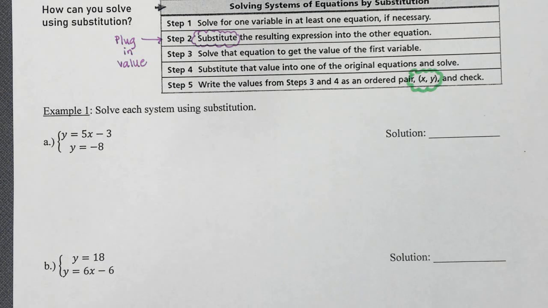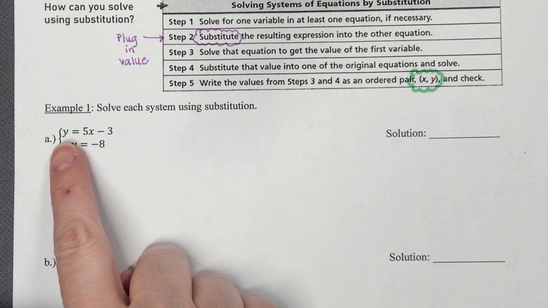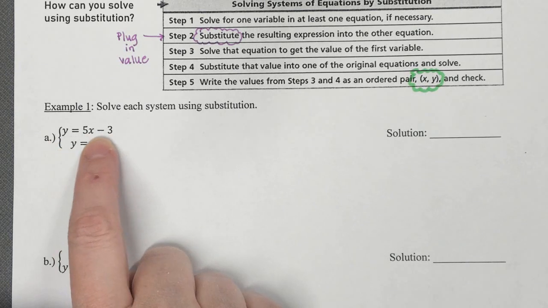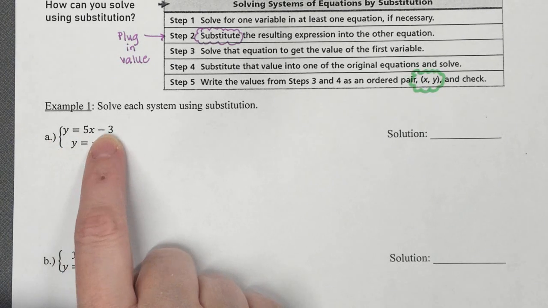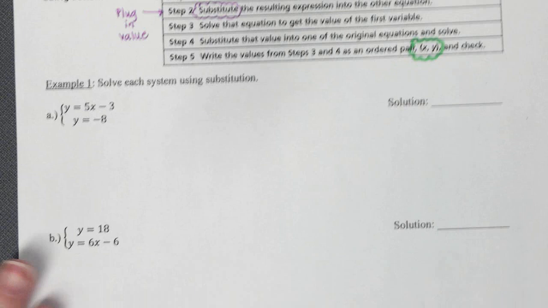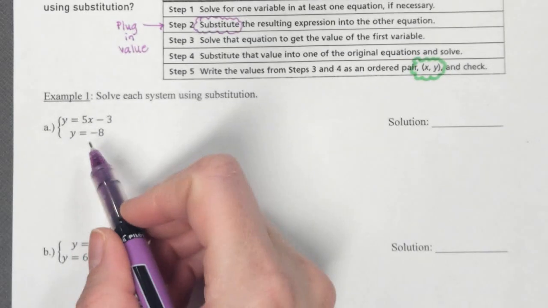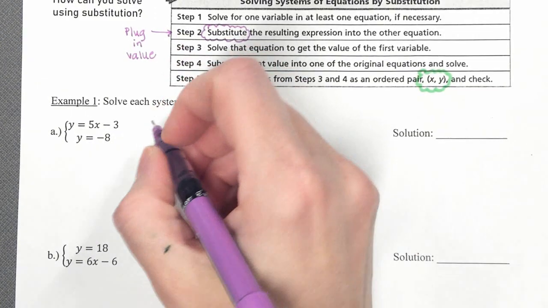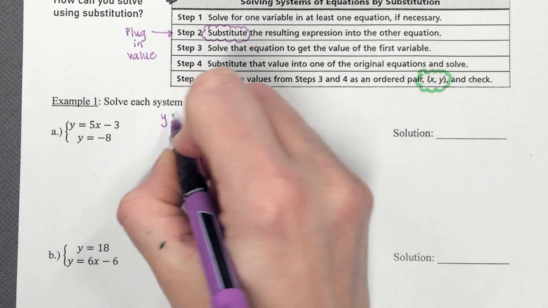All right, and then let's look at the first example. You're going to solve each system using substitution. So we have y equals this whole thing here, and then it also says y equals -8. If they both say y equals, we're going to plug one into the other.